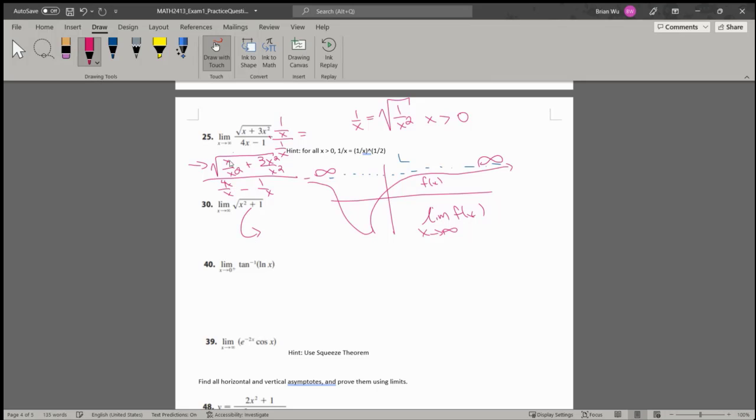I'll just use this space here. And so these basically cancel out into being 1 over x plus 3, and this is 4 minus 1 over x. If you take the limit as x approaches infinity, we're assuming that 1 over infinity approaches 0.